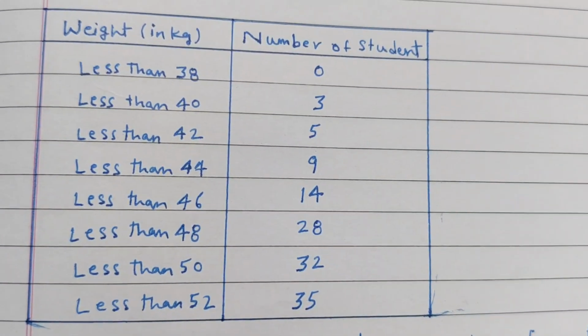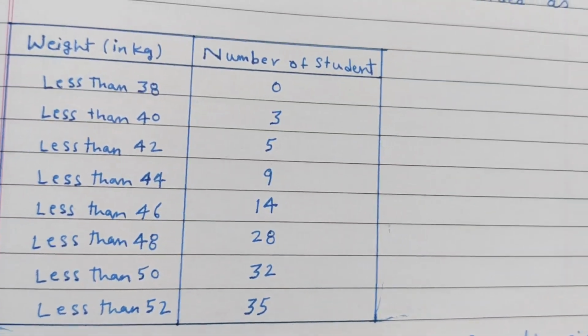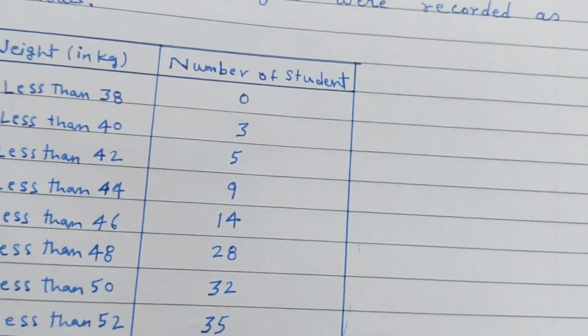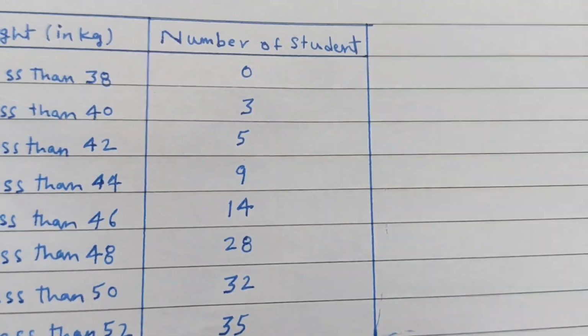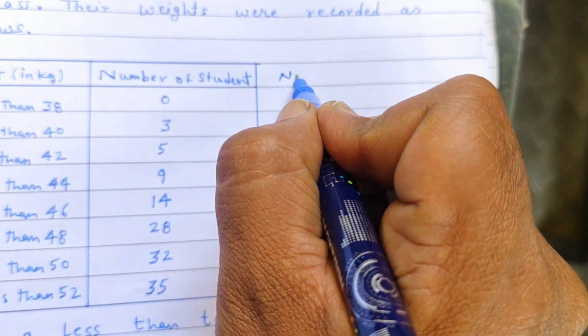So we calculate the cumulative frequency, which is given, so we find the number of students.